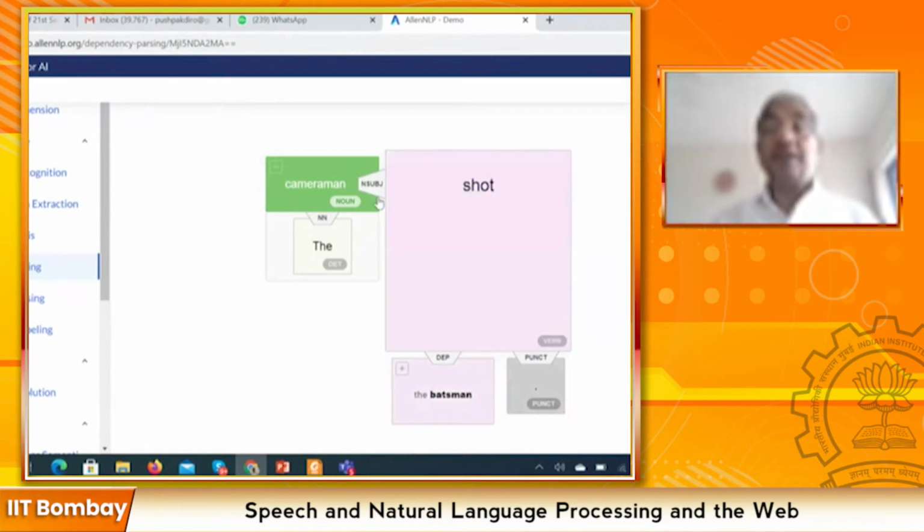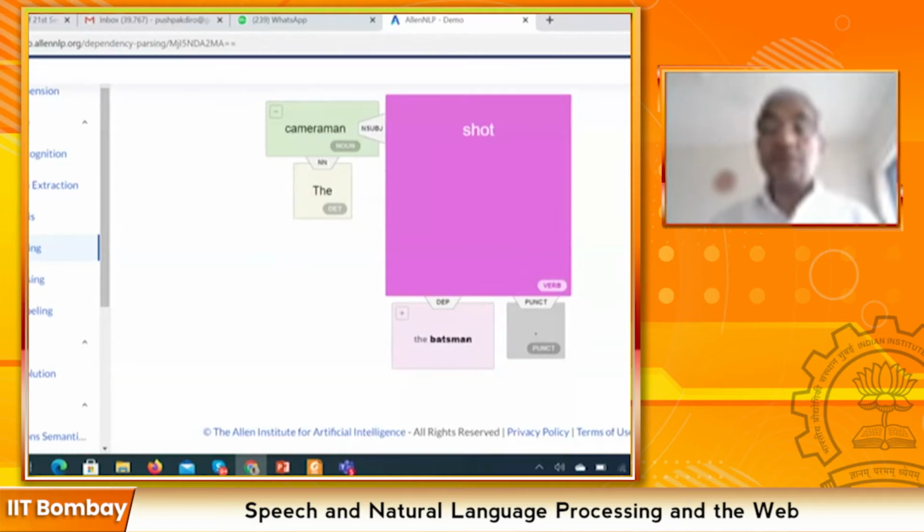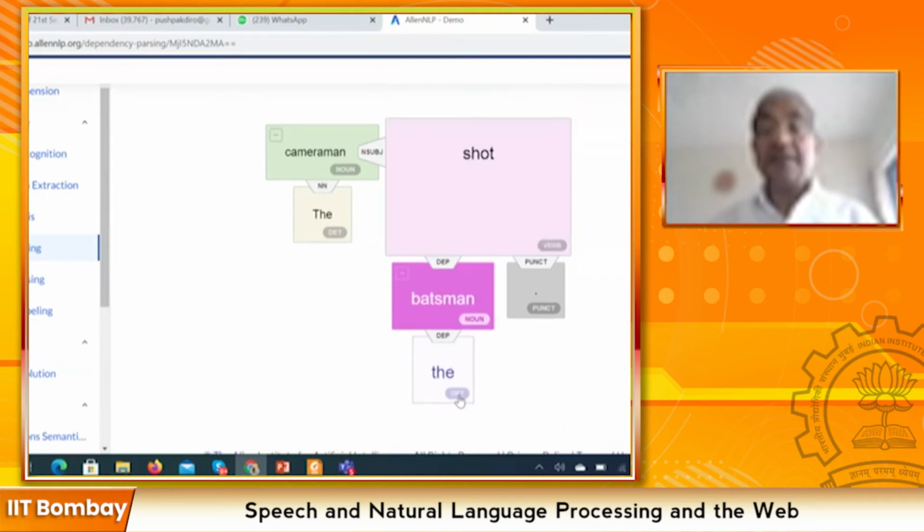Now the main relationship here is nsubj between shot and the cameraman. Shot is a verb, which is told to us. Shot has a relationship called DEP with the batsman. The batsman has an internal structure, noun and DEP.